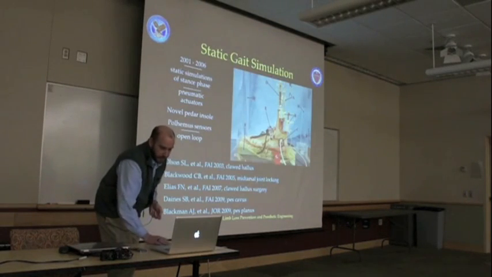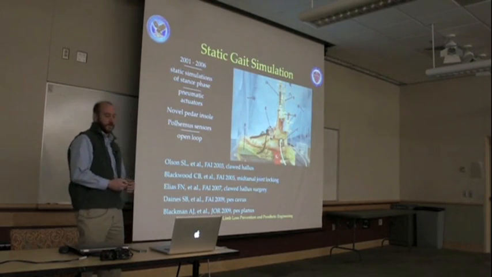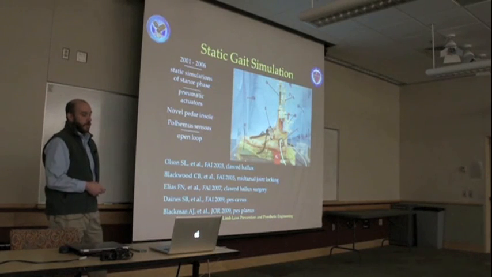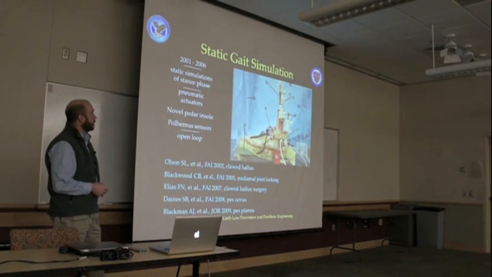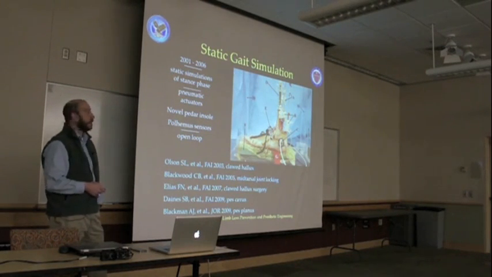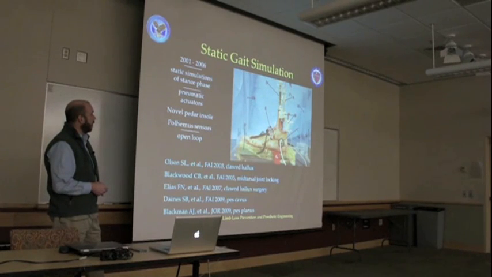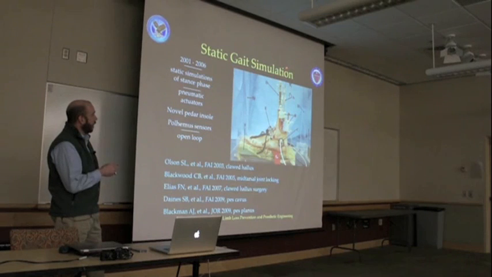Before I got to the VA and the University of Washington, our group had been working on static gait simulation, I think since the mid-90s. This is the work that I became involved in around 2001. This is version 3 of our static tester. Basically, you apply a compressive force to the tibia, and you pull on the appropriate tendons with actuators that were 5 feet above.